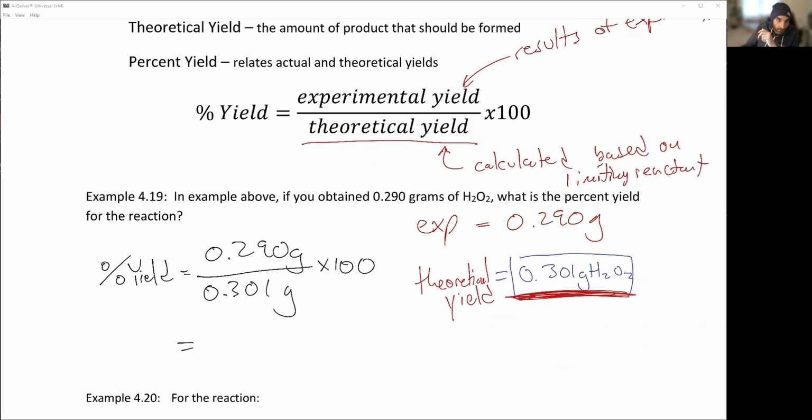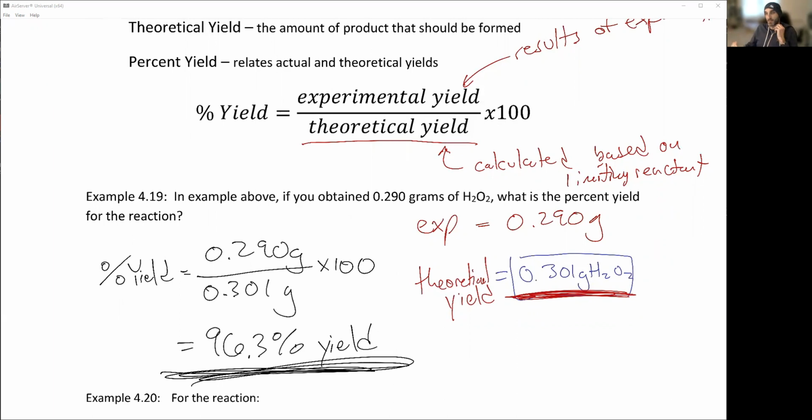So 0.29 divided by 0.301 times 100 gives me a 96.3% yield. Not perfect, but actually pretty decent. So 96.3% yield. Okay, so that's how you calculate a theoretical or a percent yield, based on what you expect versus what you actually get.